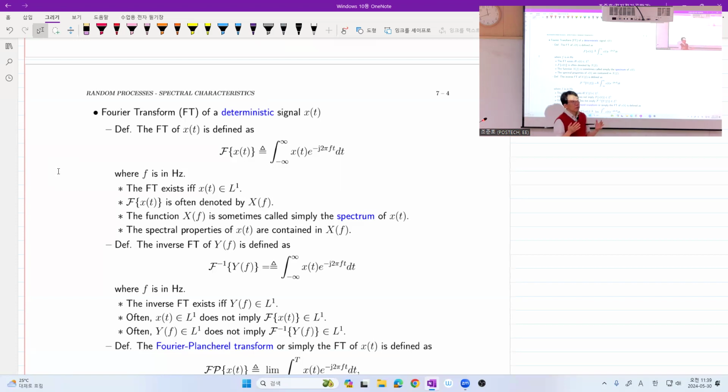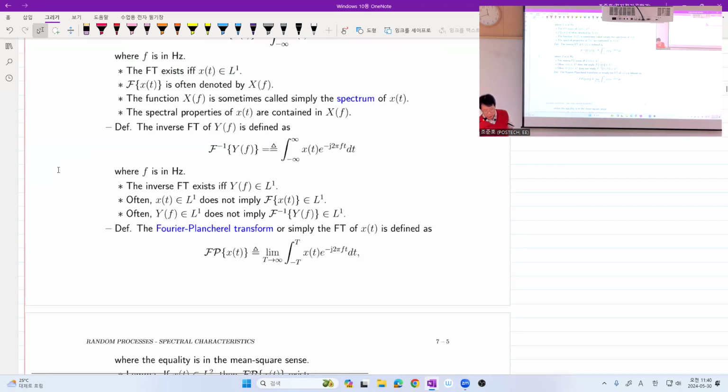Then here comes a not well known but very important relaxation of the definition. That is the so-called Fourier Plancherel transform. So here goes the relaxation. Instead of here, see that, this is a typo. Here you have just direct integration, but the Fourier Plancherel transform has something similar to a time average, but there is no 1 over 2t. You take a finite interval.